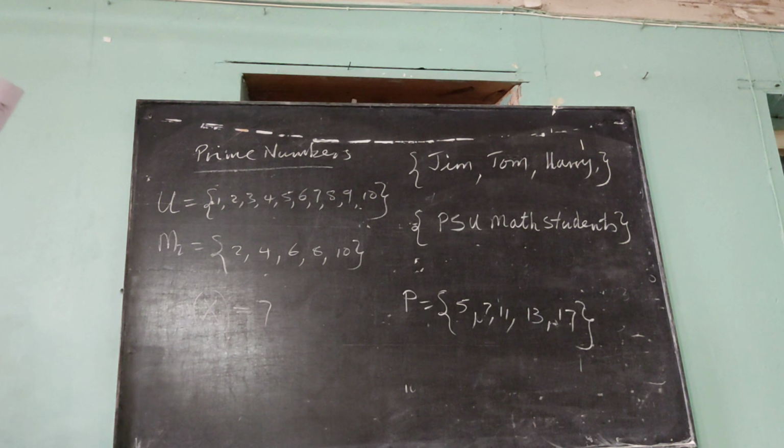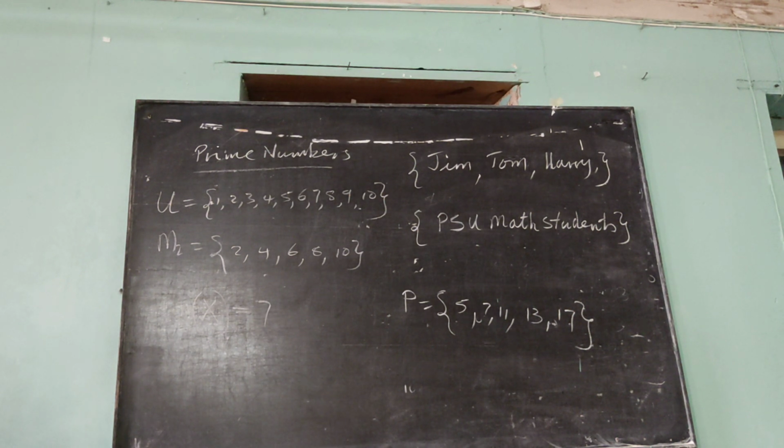Number 5. If A and B are two sets and all the elements of A are contained in B, then we say that A is a subset of B. And an example is given.